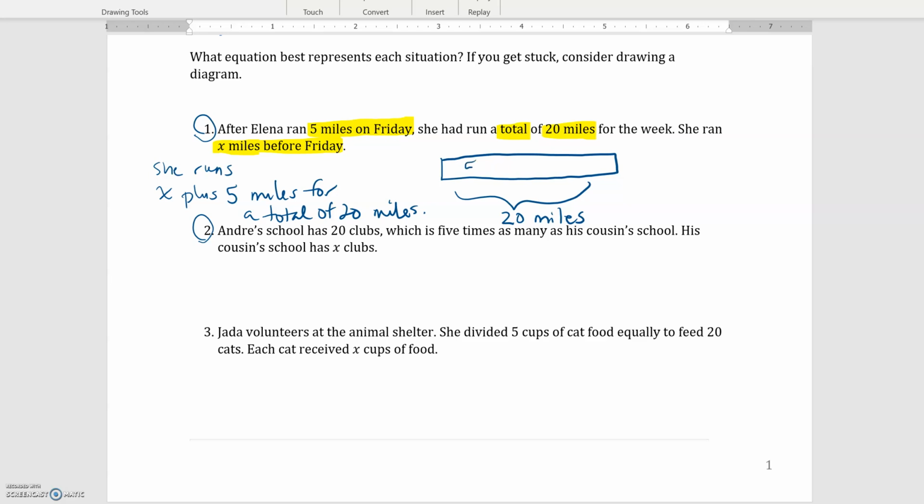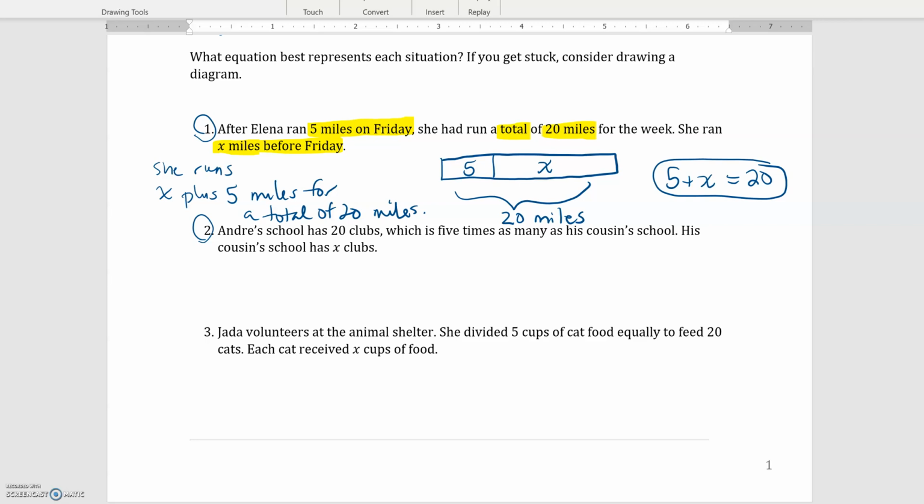I'm going to say that there's 5 miles on Friday and an X for the other parts of the week before Friday. So therefore, I can write an equation that shows 5 plus the X miles before Friday equals a total of 20. And here's my equation here. So I'm writing my equation after interpreting what's being said in a verbal form, drawing a diagram for it, and then writing the equation.